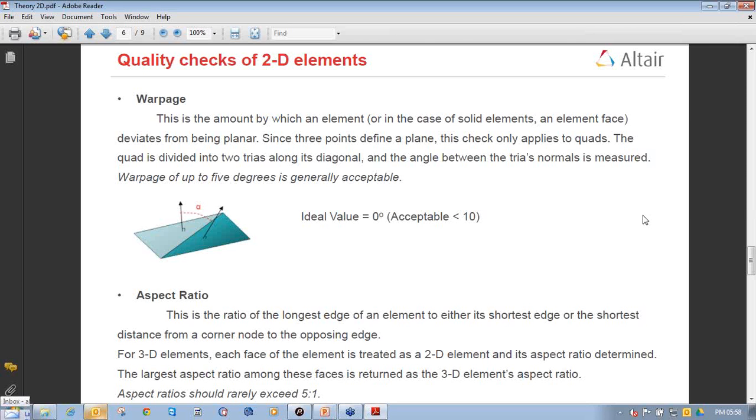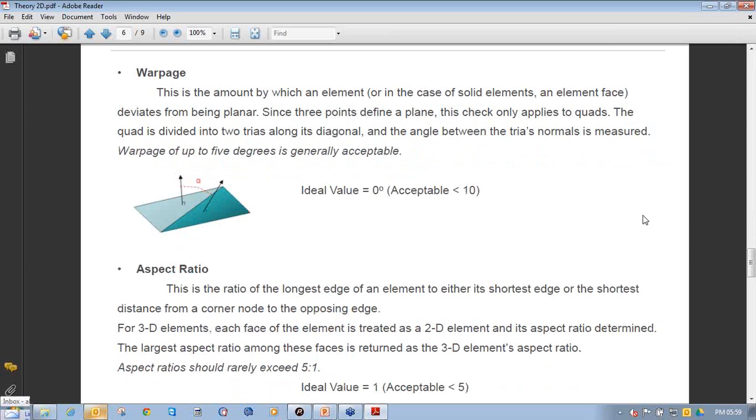The quad is divided into 2 trias along its diagonal, and the angle between the trias' normals is measured. Warpage of up to 5 degrees is generally acceptable. So the warpage value should be less than 10. Ideal value is 0. So for industrial standards, the warpage should be less than 10 degrees for a quad element.